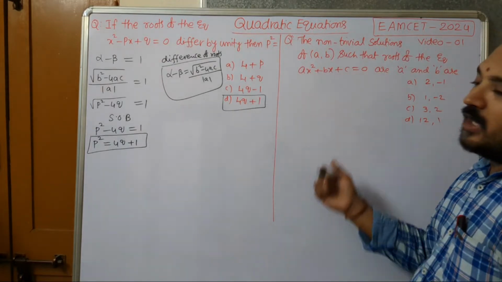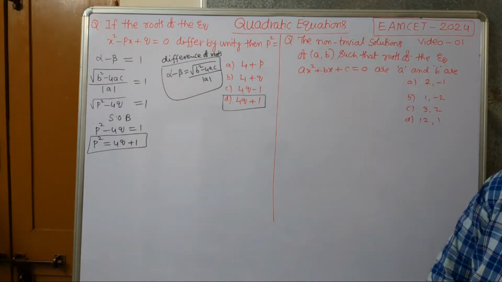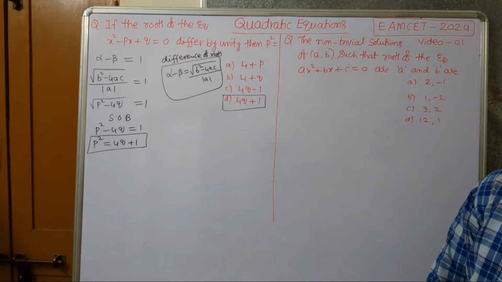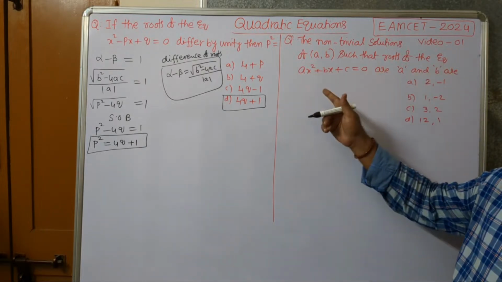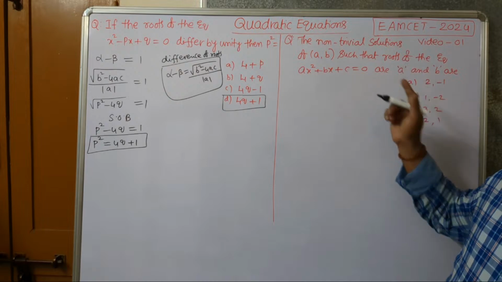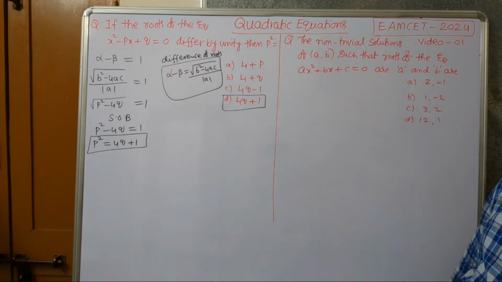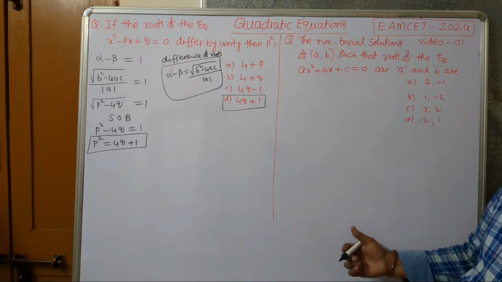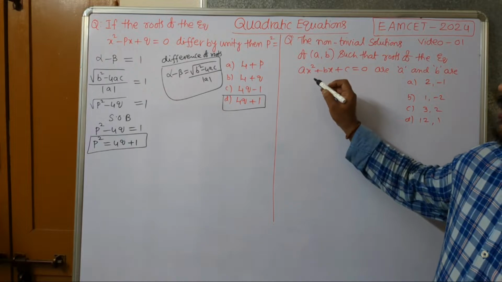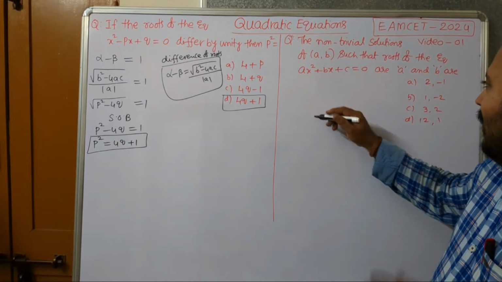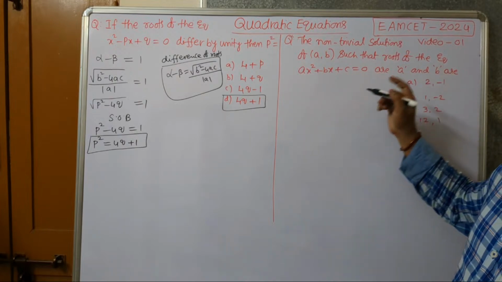So now come to the other question here. The non-trivial solutions of a comma b such that the roots of the equation ax square plus bx plus c equal to 0 are a and b. How to do that? The roots alpha beta are a comma b.